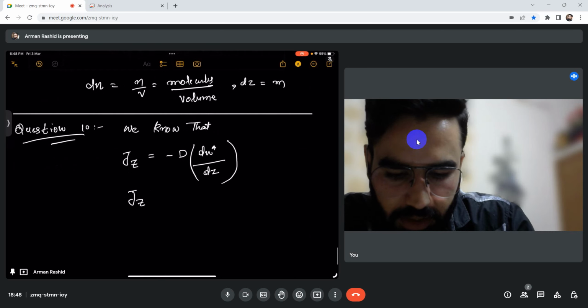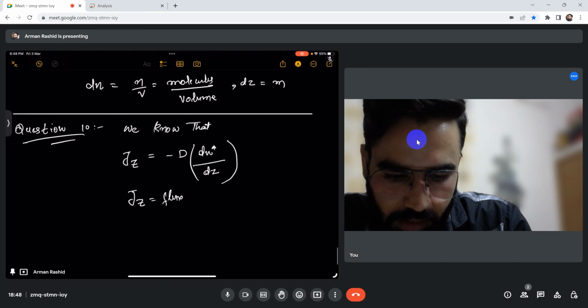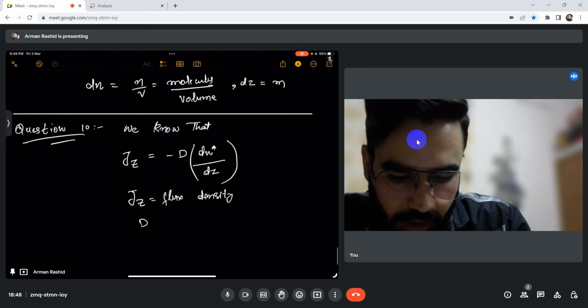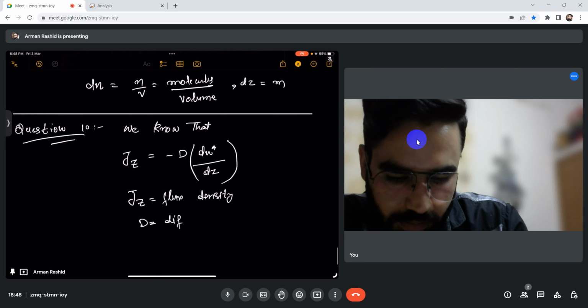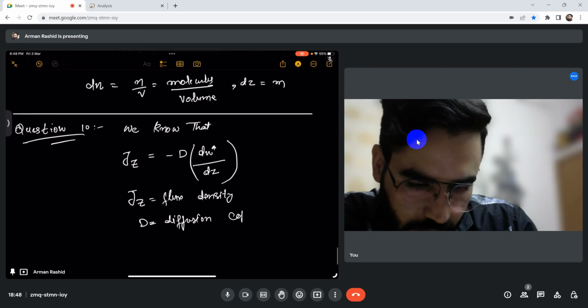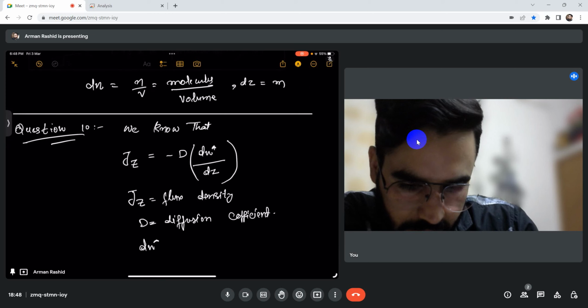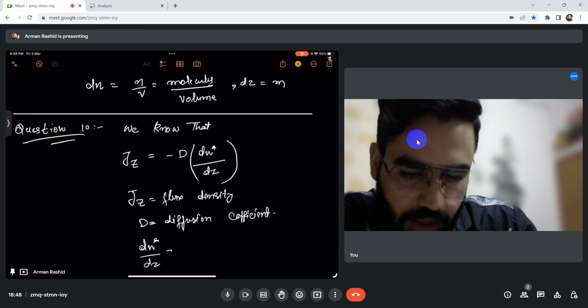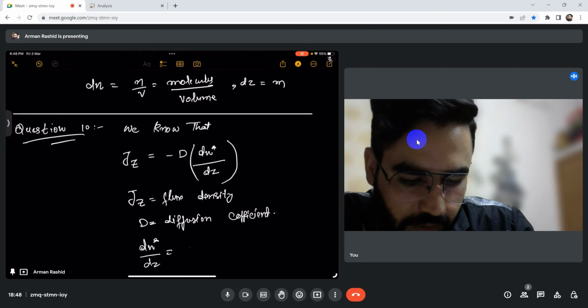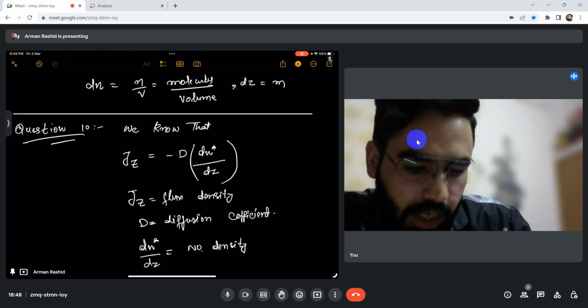Jz is flux density, D is diffusion coefficient, and dn star by dz, that we have derived in the previous, is number density gradient.